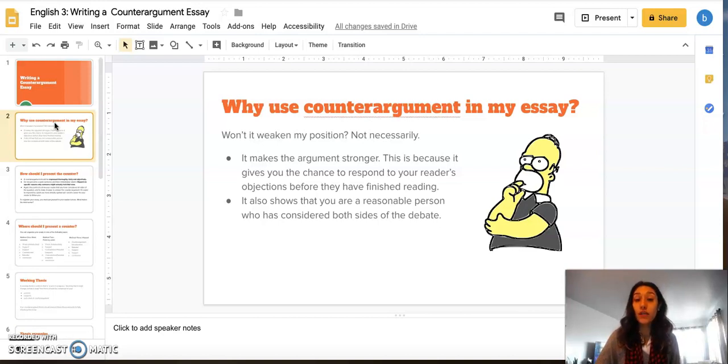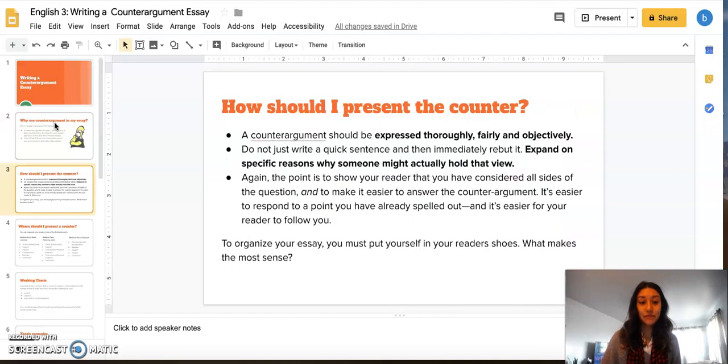It also shows that you are a reasonable person who is looking at both sides of an argument, thus making you more of a credible writer. When you present a counterargument, you want to make sure that you're presenting it in an unbiased manner. So, in a well-written counterargument paper, you're not just writing one or two sentences as to what someone might say when they're opposing your viewpoint.